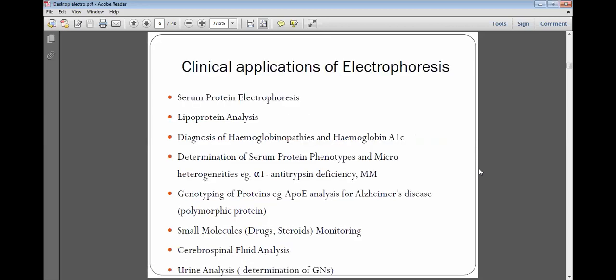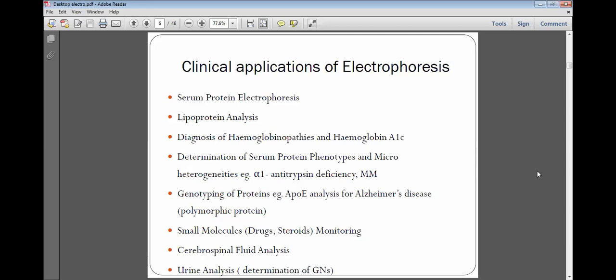We can even say that there are some clinical applications: serum protein electrophoresis, lipoprotein analysis, diagnosis of hemoglobins, determination of serum protein, genotyping of proteins, small molecules like drugs or steroids, monitoring or separation of the steroidal compounds, many drugs, even the analysis of cerebrospinal fluid, urine analysis.